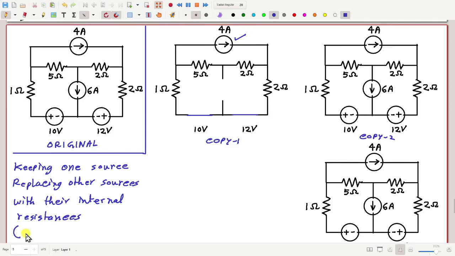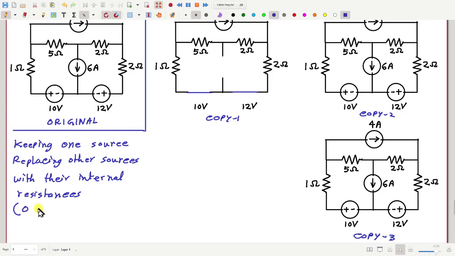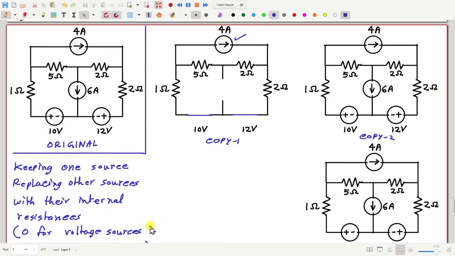That means 0 for voltage sources and infinite for current sources. So in the first copy of this circuit only one source is present.